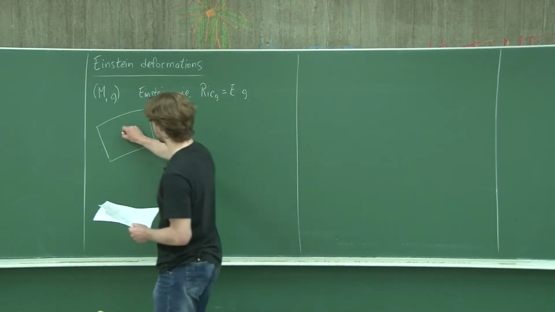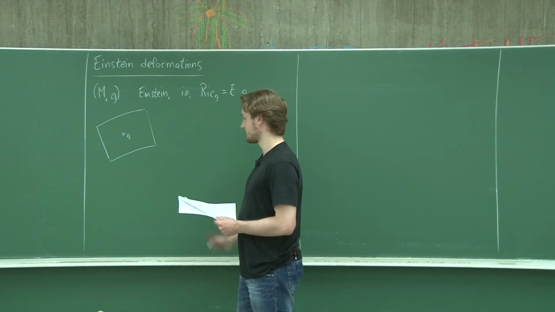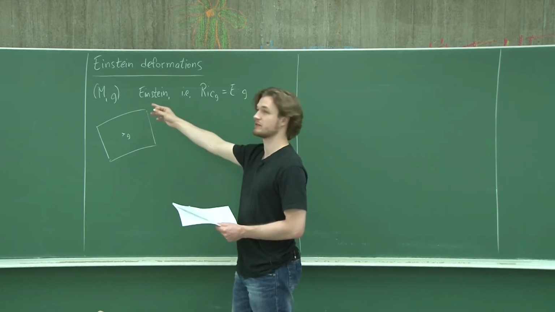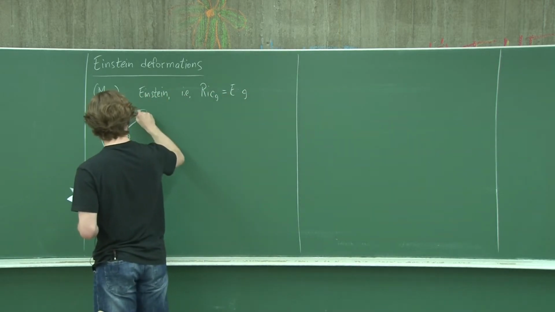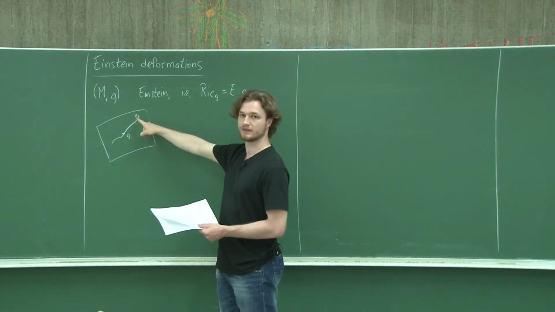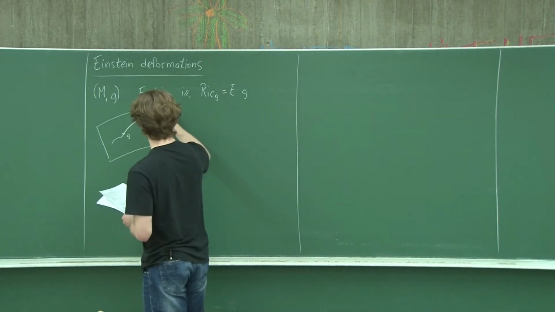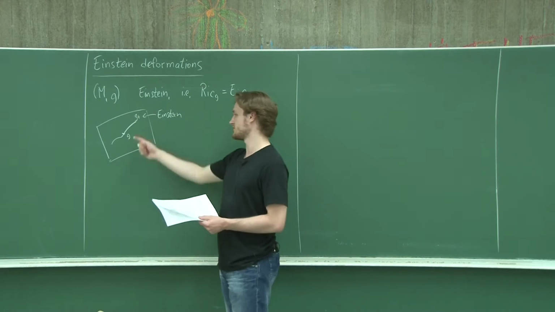We have some Einstein metric g. And what has been shown is that if g is not isolated among Einstein metrics, then we have a curve g_t, so a smooth curve for some parameter t, that also consists of Einstein metrics and runs through our metric g.